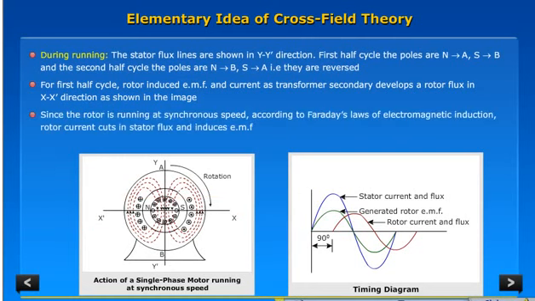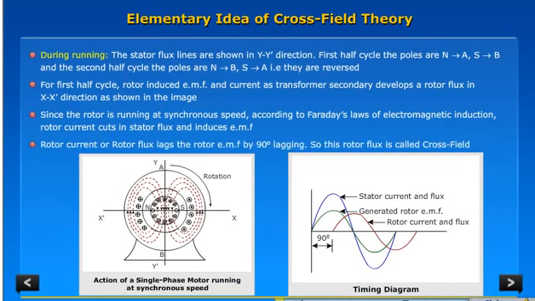Since the rotor is running at synchronous speed, according to Faraday's laws of electromagnetic induction, rotor current cuts the stator flux and induces e.m.f. Rotor current or rotor flux lags the rotor e.m.f. by 90 degrees. So, this rotor flux is called cross-field.